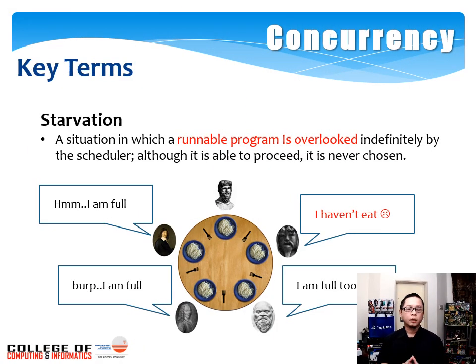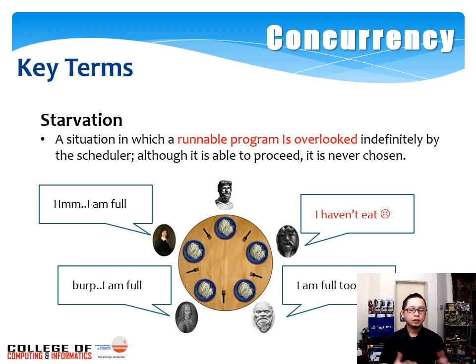There is also an occurrence in concurrency where we have a starvation condition. So this simply means that sometimes there is a bug in the program or in the scheduling, which makes it so that when you have a program that is supposed to run, but the scheduler or perhaps the dispatcher is overlooking the process, it eventually doesn't finish at all because its queue or order is being skipped and another process is selected instead of the process that is supposed to run.